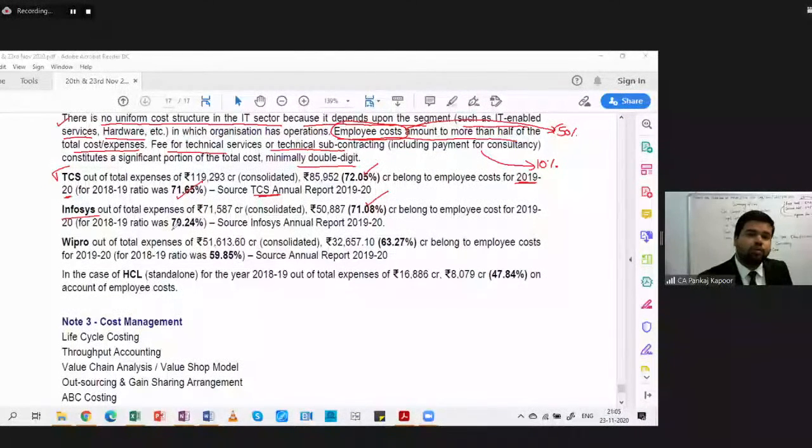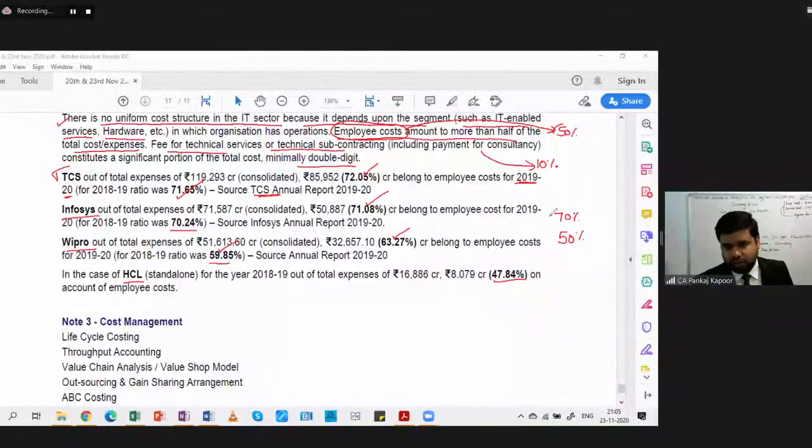In the previous year, it was 70%. In the case of Wipro, in the year just closed, employee cost was 63%, but in the previous year, 18-19, it was 59%. In the case of HCL, it's low. It's 47% in the year 2018-19, although the data for 19-20 is not yet available. So you can see that around 50%, or in some cases near 70%, is the employee cost.